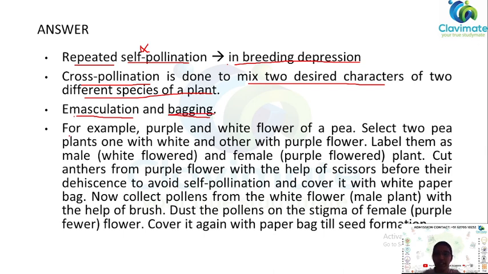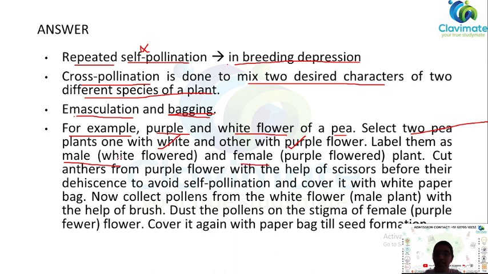So we have an example here. You have a purple and a white flower of a pea. You take pea plants with purple flowers and white flowers, and select 2 pea plants, one with white and the other with purple, and label them as male and female.